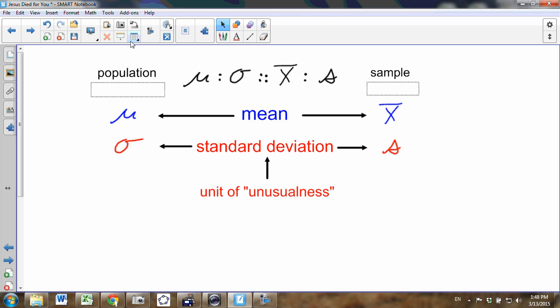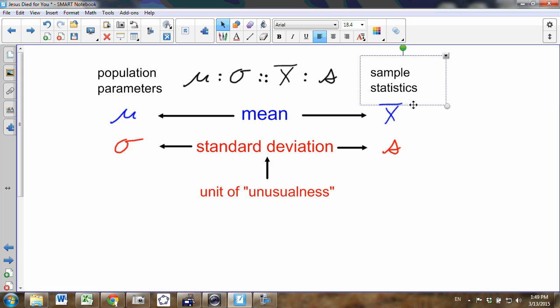These two are called population parameters, and these two are called sample statistics. The whole idea of the science of statistics is to use statistics to make inferences about parameters. That's, in a nutshell, what the science of statistics does.